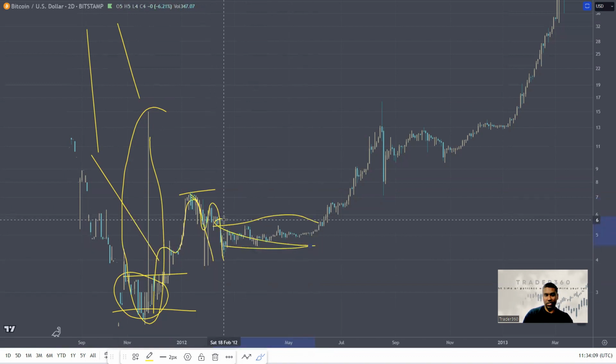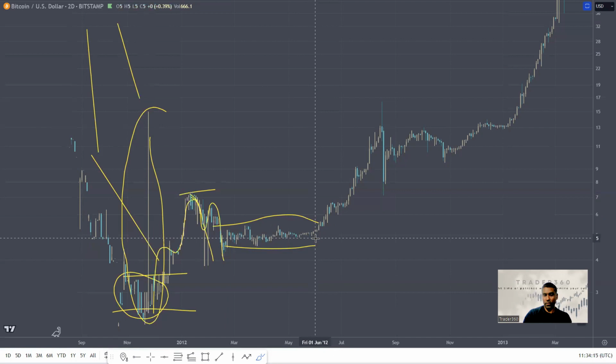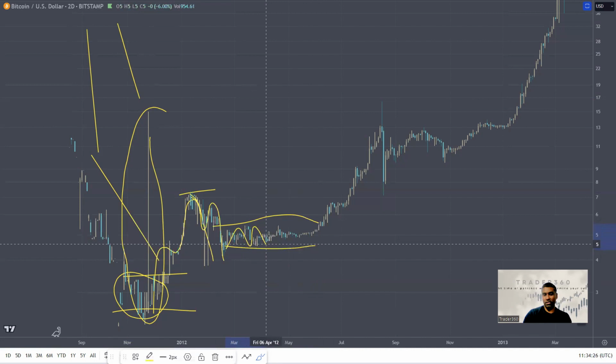This area is from February 2012 until here, June 2012. So for 4 months, the price did nothing but range. But in the meantime, the prices were going a little bit higher.